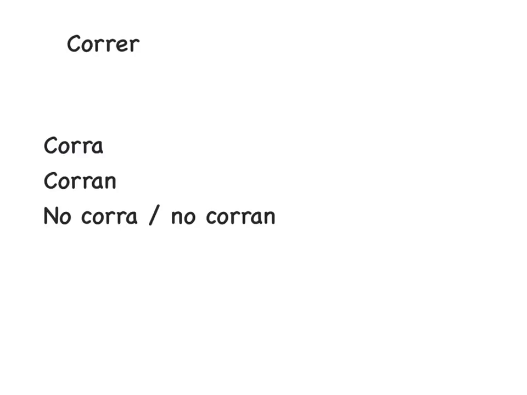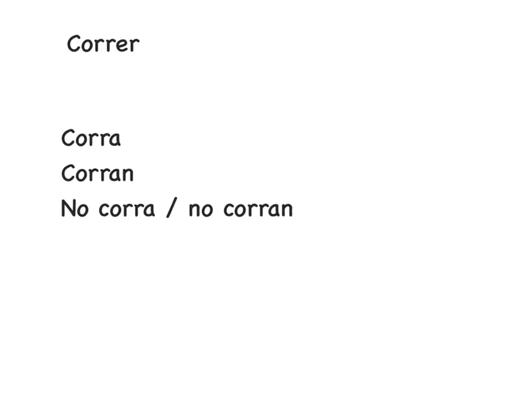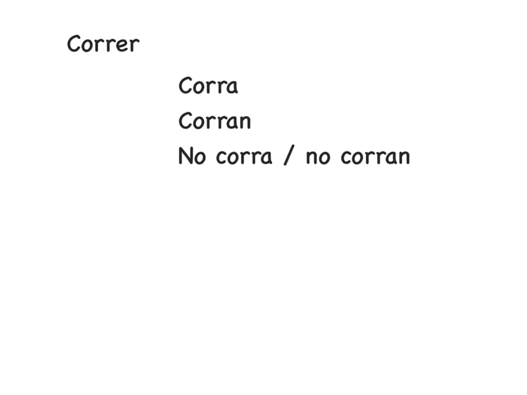Okay, easy. Now, what if instead of a formal command, we want to write an informal command? What is the rule for the informal command? If the command is in the affirmative, you are going to use the third person singular of the indicative, not the subjunctive, the indicative.